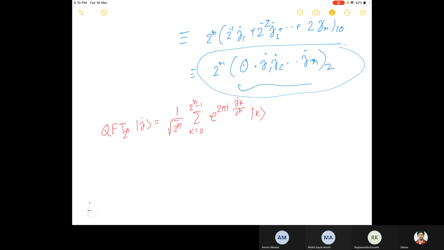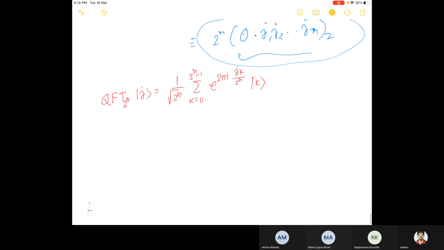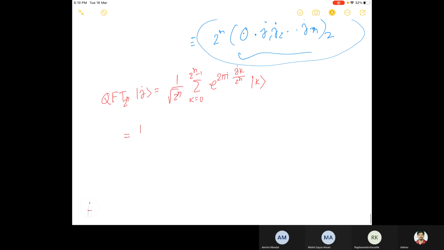Now this we can write as the following. This is equal to 1 by 2 to the power n, and this k is again an integer, so k will have a binary representation. It is nothing but a basis element, so we can write this k as k1 k2 dot dot kn, because it is n qubits. Okay, this k is the basis element, right?